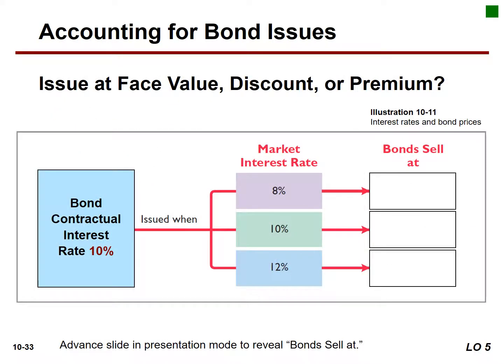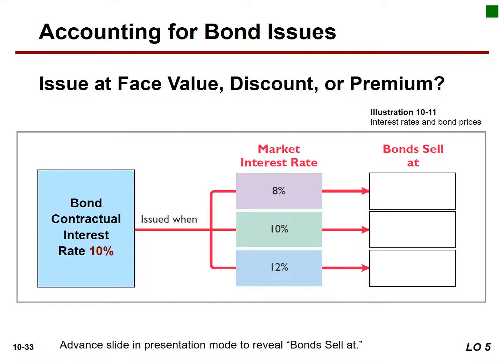Now, this slide is going to talk about the contractual interest rate of a bond and the market rate. When a corporation decides it wants to issue bonds, it sets that contractual interest rate, and there will be some time that goes by before the bonds actually get issued.